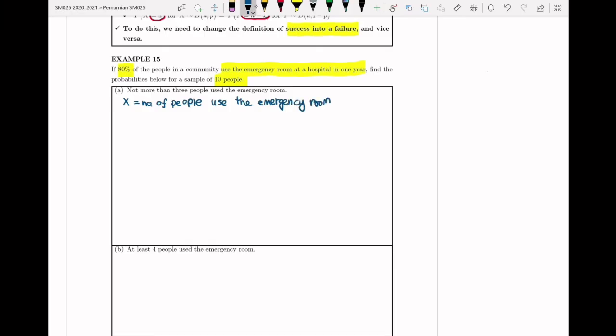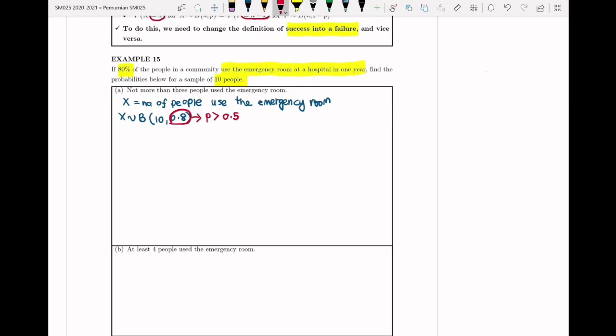We can use X as a binomial distribution because we only have 2 outcomes, whether the people use or do not use the emergency room. So binomial with n equals 10, p equals 0.8. As we can see here, p is 0.8, which is greater than 0.5. Again, if you want to use the table, p must be less than or equal to 0.5.